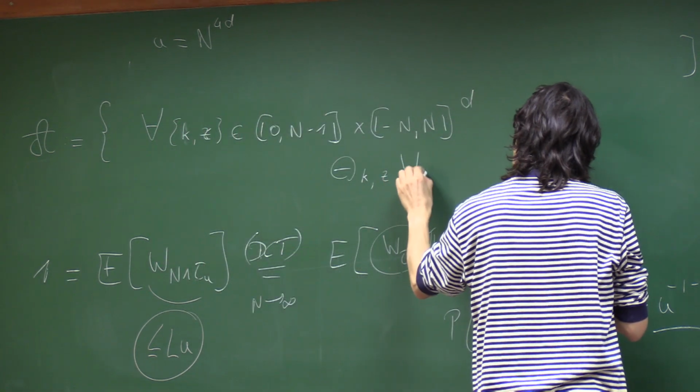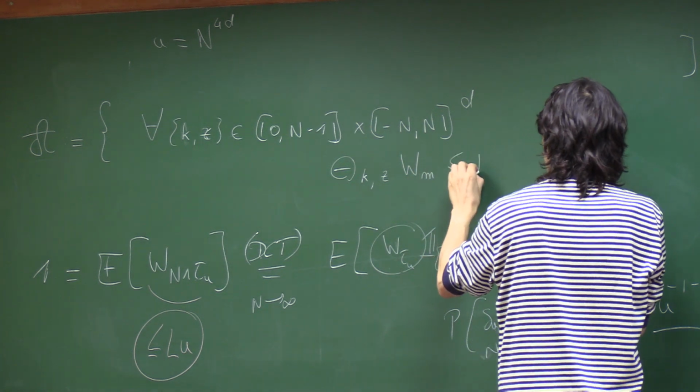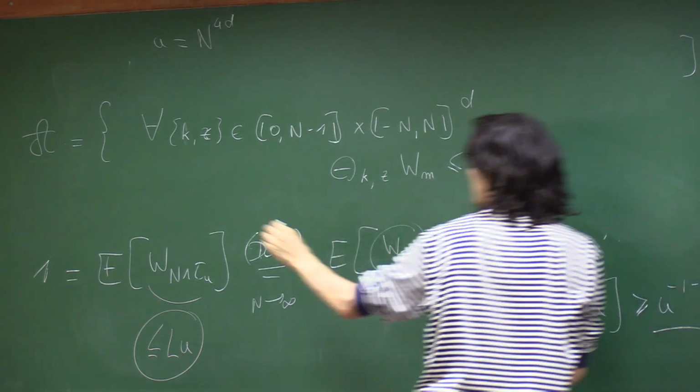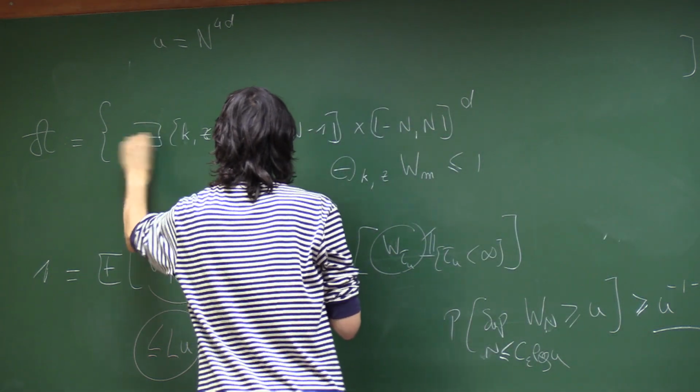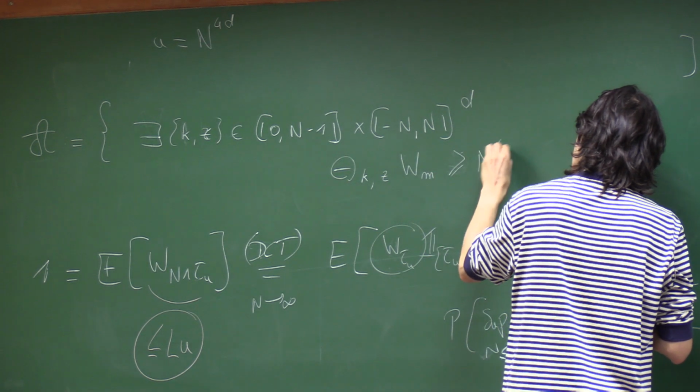A is: there exists kz such that this is larger than n to the 4d.